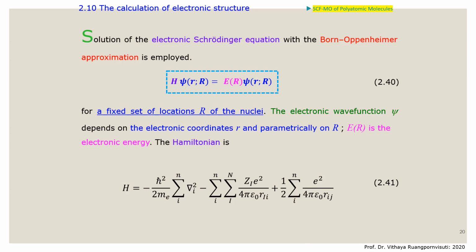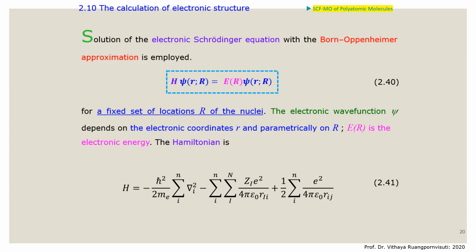As the locations of the nuclei are fixed, the electronic wave function psi therefore depends on the electronic coordinates, small r, and parametrically on the locations of nuclei, capital R. E of capital R is the electronic energy.